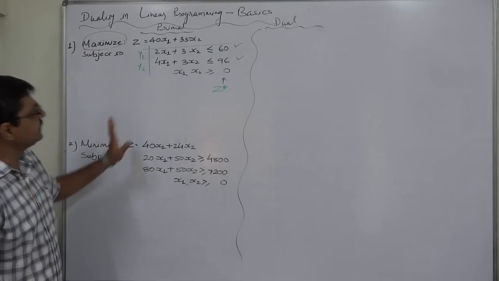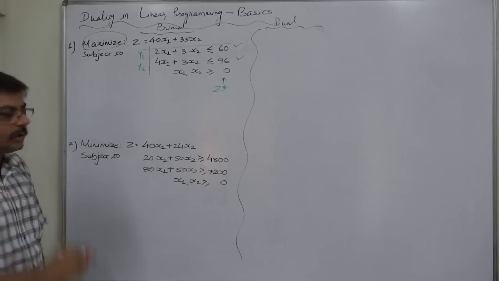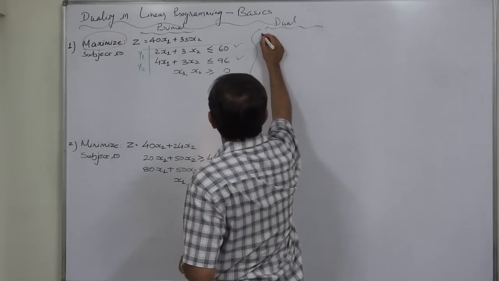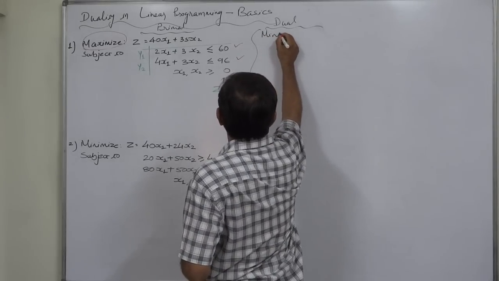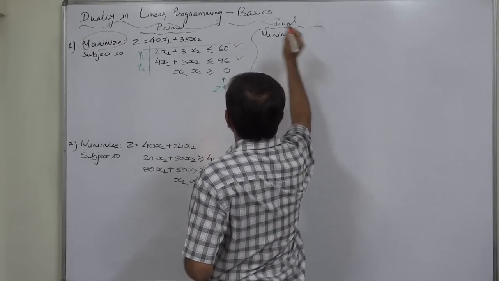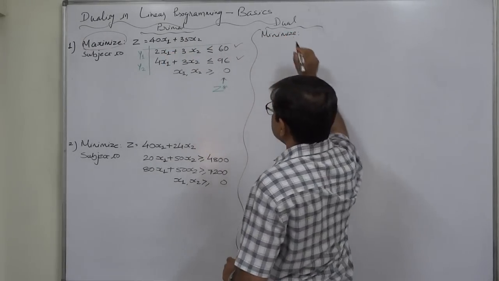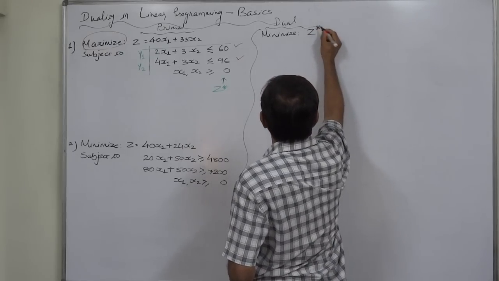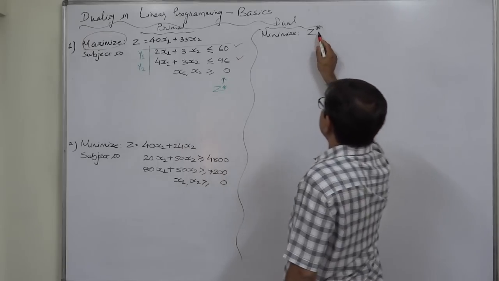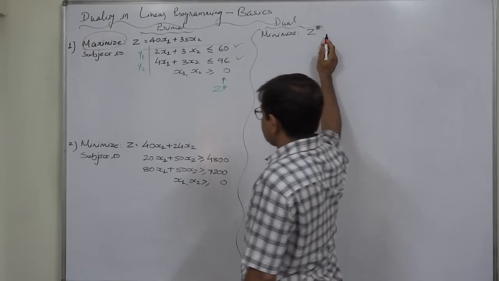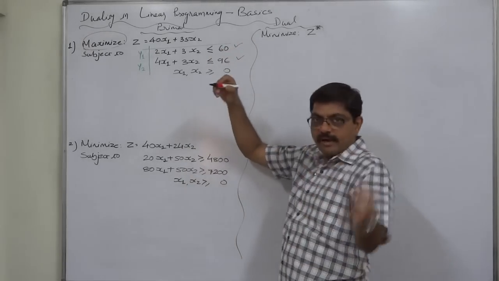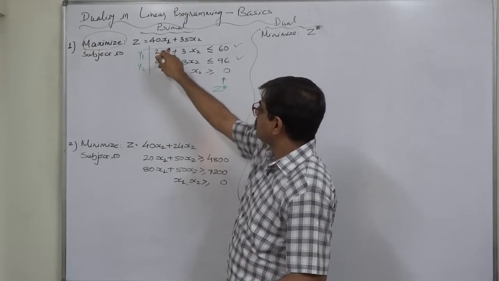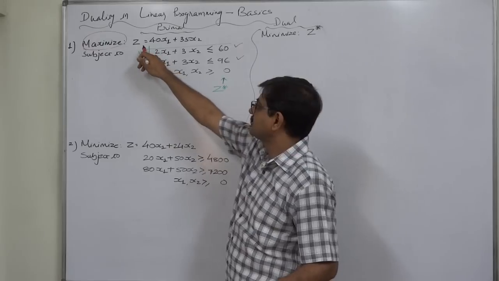Now we can easily write the dual of this primal. Objective will be minimize because the objective of the primal is maximize. In the objective function we are going to use the sign z star or z asterisk, or you can write zy, because this is the objective function of a problem with decision variables x, so this is called zx.